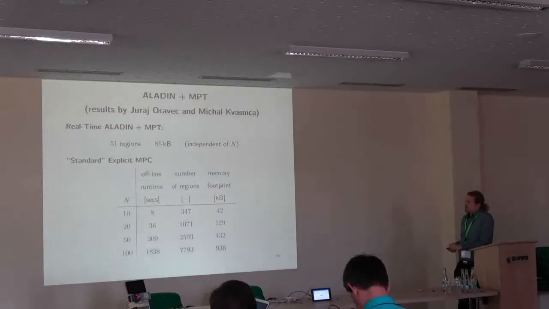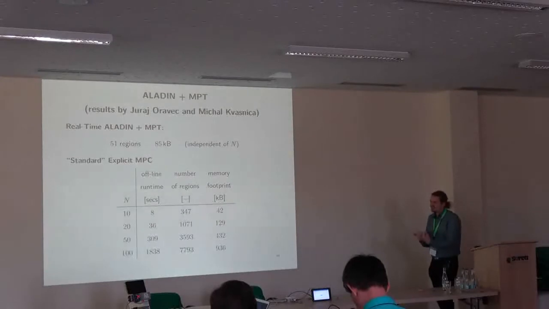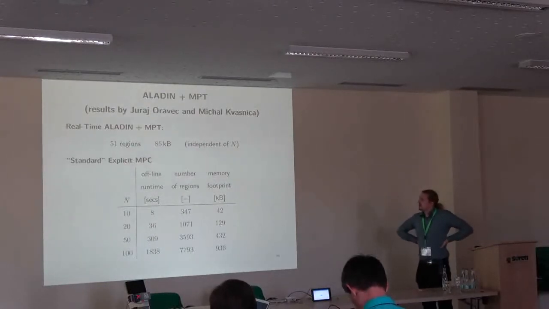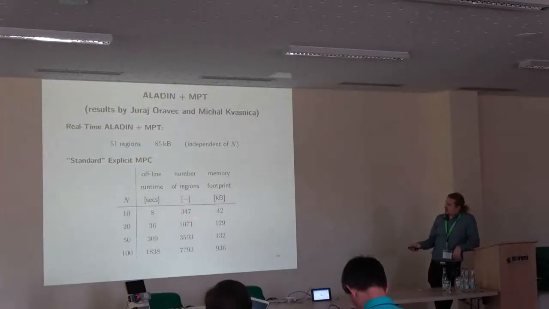If we put this into relation to standard explicit MPC, without distributing, which is the competitor we would have to have in mind, we see that the number of regions and also the memory footprint depend very much on the horizon length. For a horizon of 10 steps into the future, the number of regions is already 347. That's much more than the 51 regions that we have with Aladin plus the MPT toolbox, and it doesn't scale that well if we make the horizon longer.